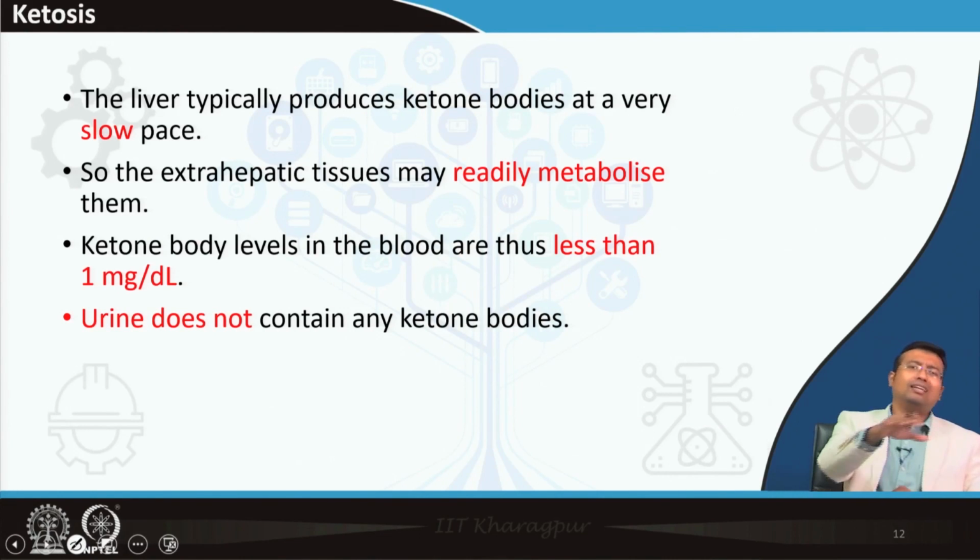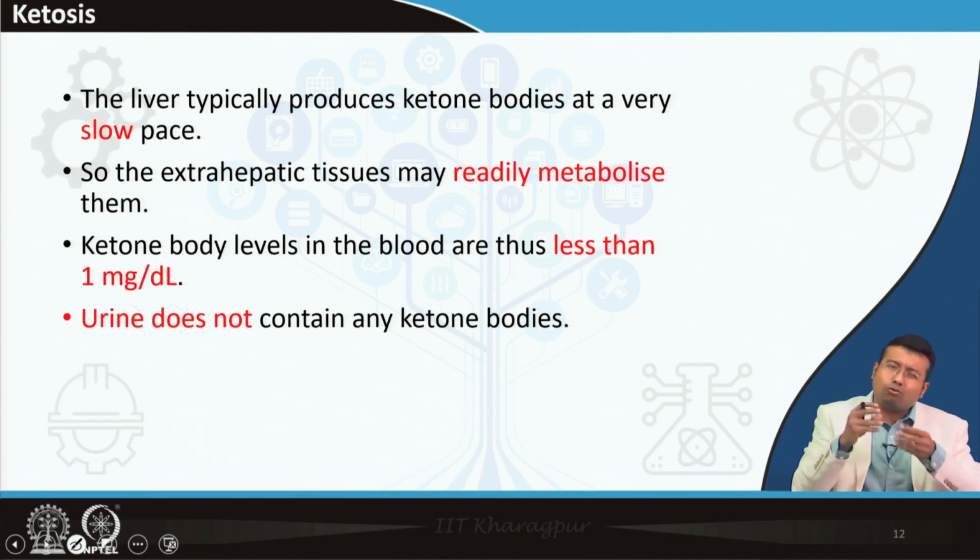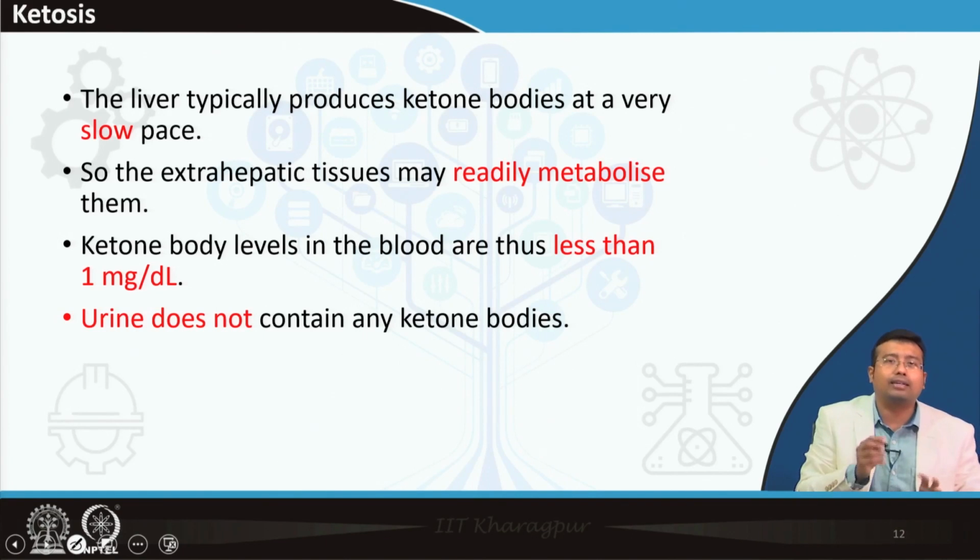Now, you see, considering the normal scenario, what happens in usual cases, the liver very slowly produces ketone bodies at its own pace, right, so that whatever amount is present, extrahepatic tissue can easily metabolize it. And that is why the amount of ketone body in blood is actually very, very low.